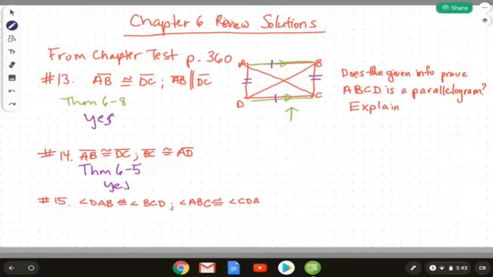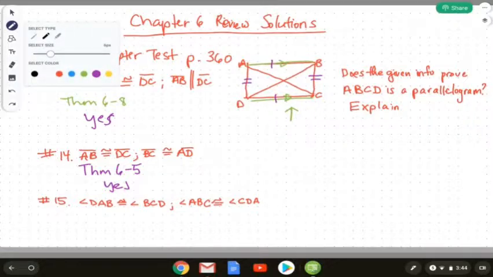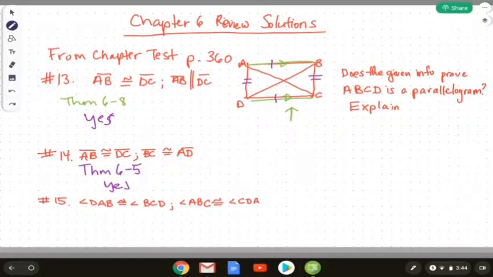is a parallelogram. And finally, number 15, we're given that angle DAB, that's here, is congruent to angle BCD, here, and angle ABC, here, is congruent to angle CDA, there.